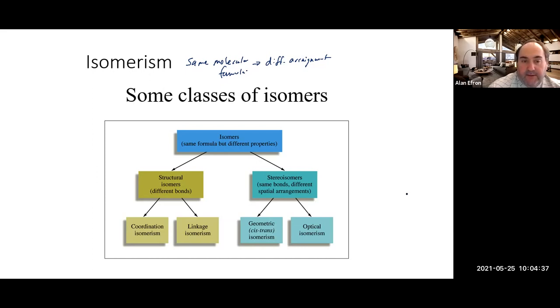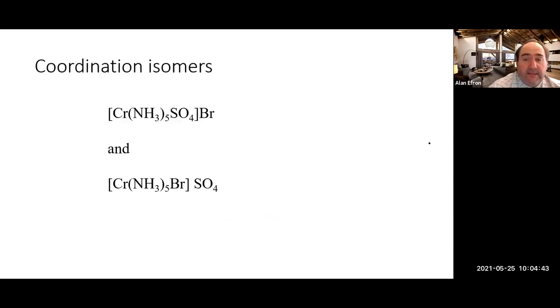So why don't we start with the first type of isomers, which are coordination isomers. Coordination isomers have the exact same numbers of everything. If you count up everything that's going on there, there's one chromium in each of them, there are 5 NH3s, one sulfate and one bromide, so they have exactly the same.